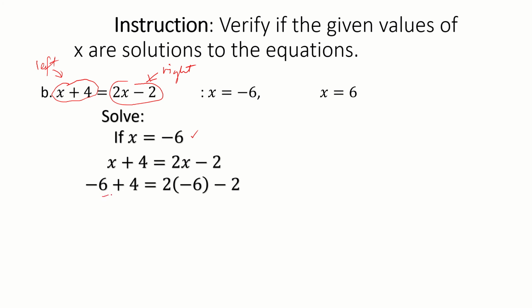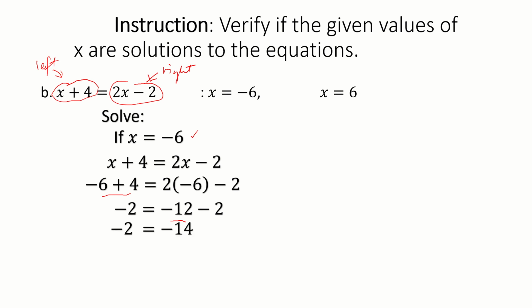Negative 6 plus 4 is negative 2. On the right side, we start with multiplication. You multiply 2 times negative 6, it's negative 12. And finally, negative 12 minus 2 becomes negative 12 plus negative 2. Same sign, add and keep.